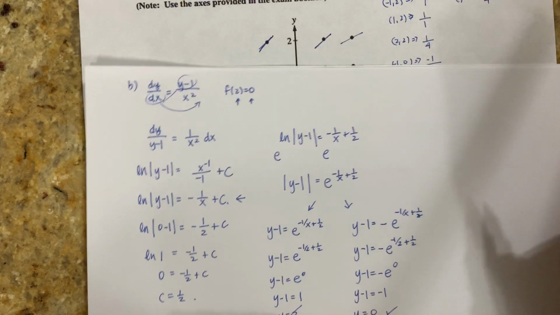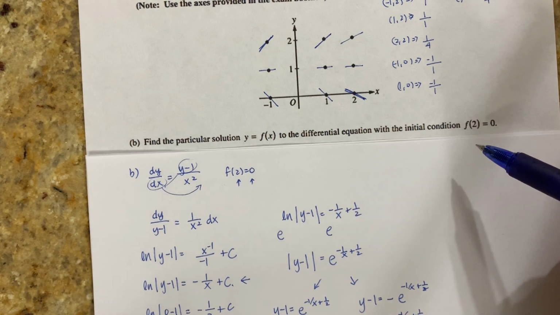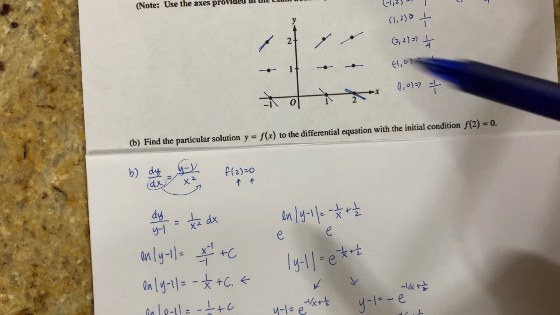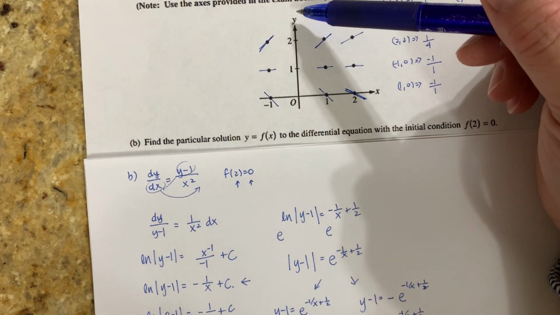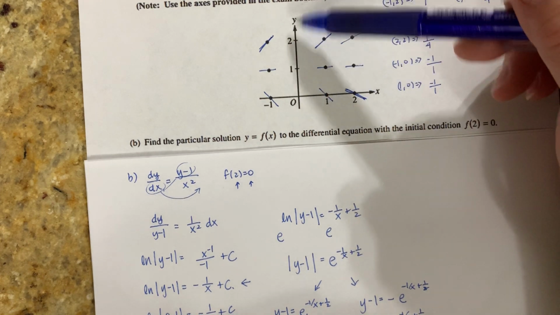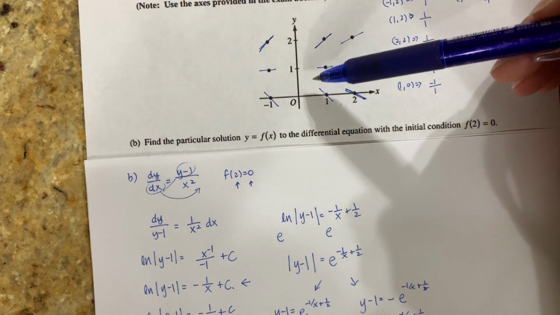Now, there is one little catch. See how these are two separate equations, right? And if you take a look, the slope field exists on one side or the other, because there's that line of undefined slope in the middle, right?